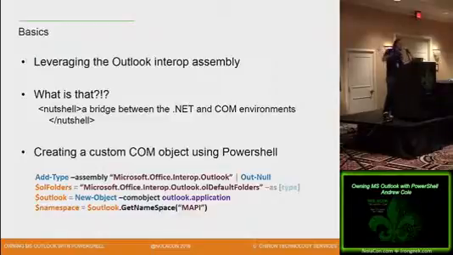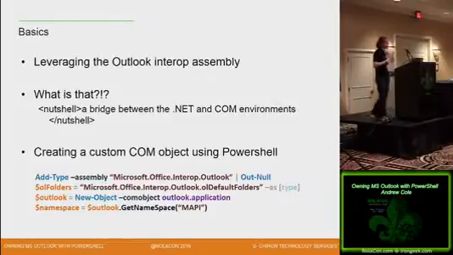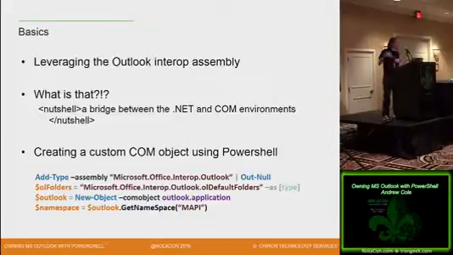So the first thing we're doing is adding a new type assembly for Microsoft Office Interop Outlook. Again, it's already pre-canned. It's on the box. We're then going to define a variable as Outlook folders, which just points to the default folders that are already there for Outlook. We're then going to do Outlook new object, defined in the COM object as Outlook application, and then namespace to be that new object's namespace MAPI.